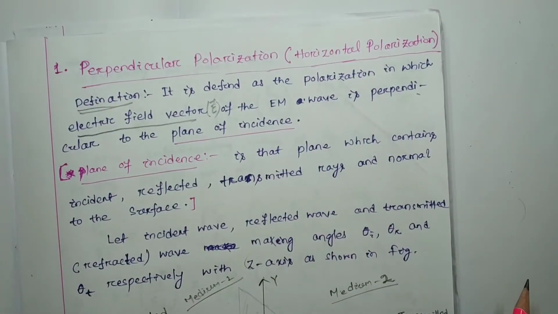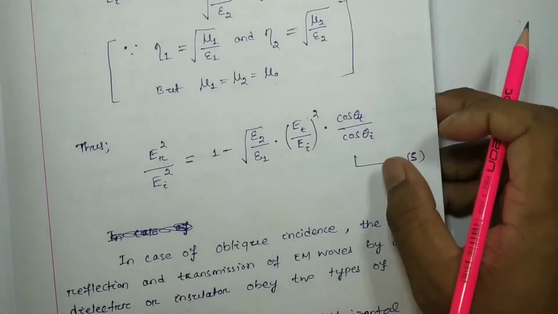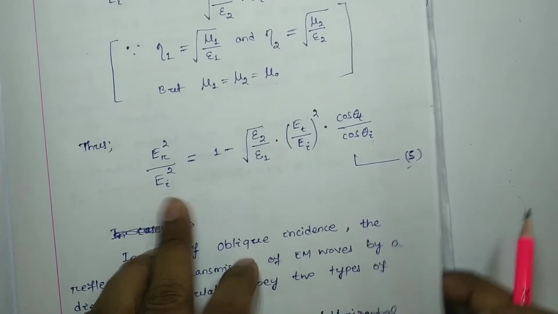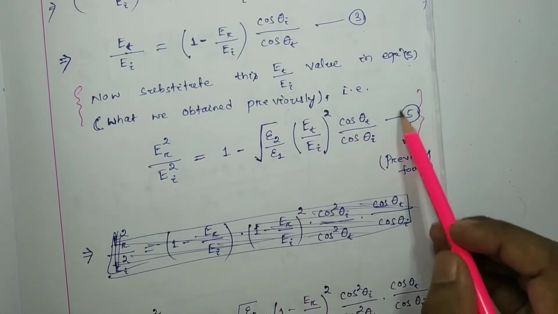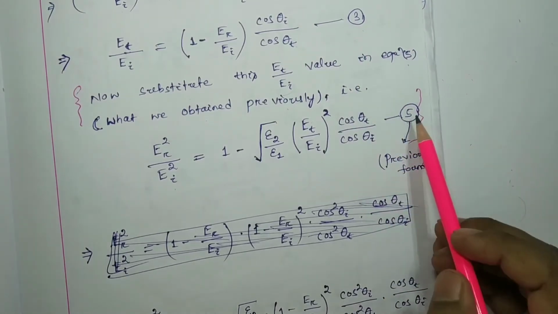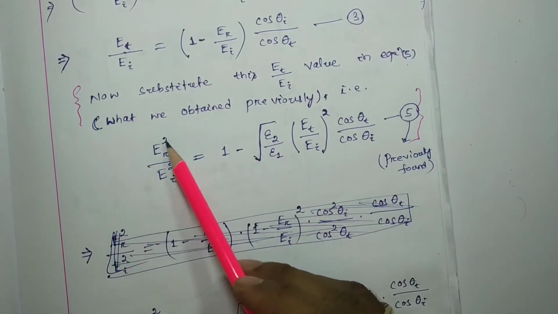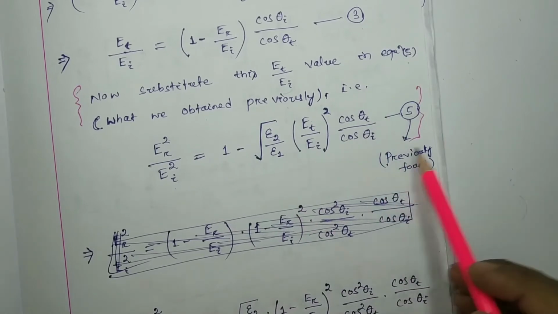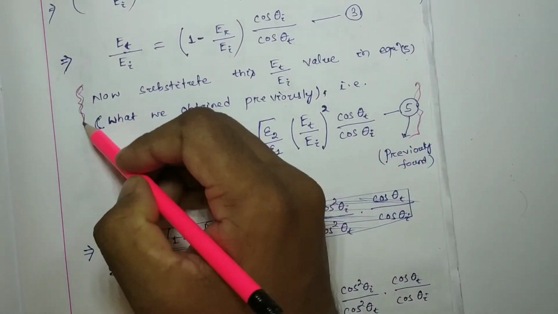Now we are going to use equation number 5 for the derivation. Here, after equation number 3, it is written equation number 5, but this equation number 5 is the previous one, so don't be confused. So ER square by EI square equals 1 minus this one. This is your equation number 5, and put it in your curly bracket.